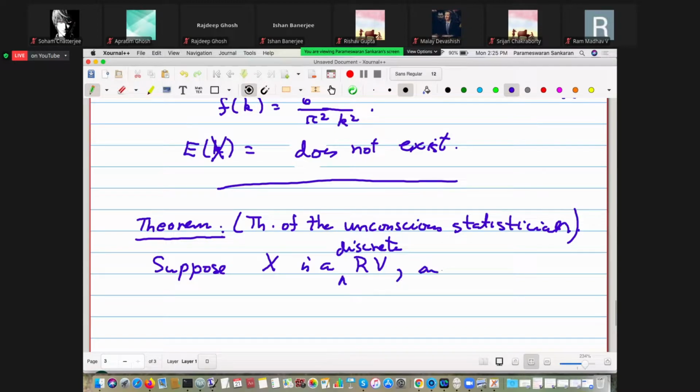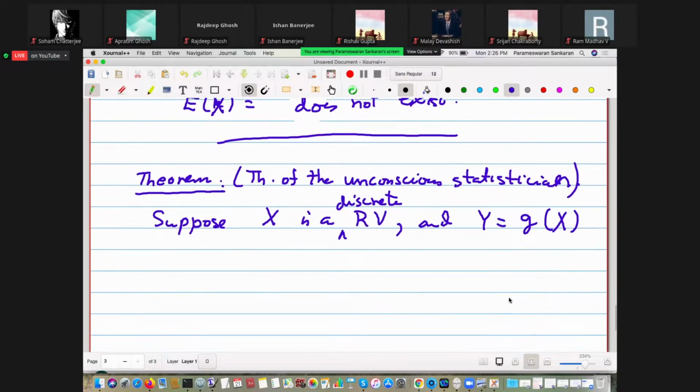And Y is equal to g of X, some function. Then the expectation of Y, which is the expectation of g of X, is equal to the summation of g(x) times the probability that X equals x.